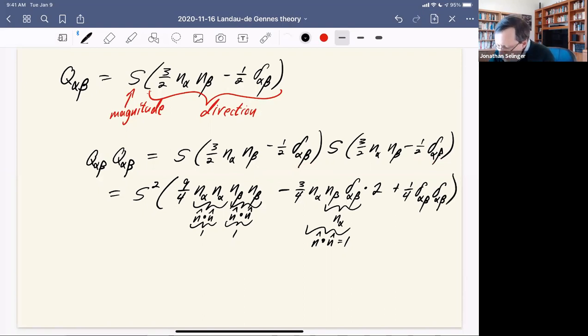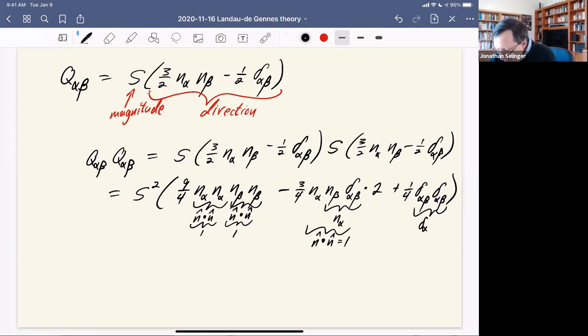Right? So we can simplify this combination of tensors, right? Because when we contract the first delta with the second delta, we only get a non-zero piece when alpha equals beta.